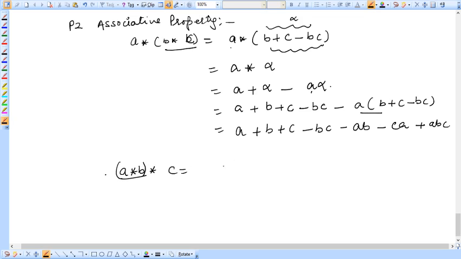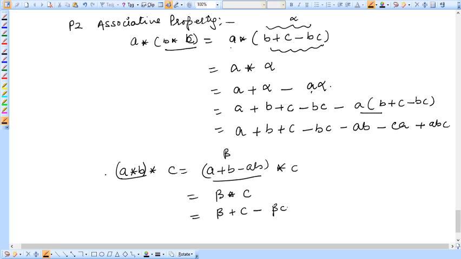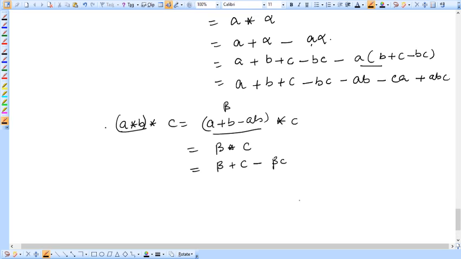So operating this first, we get A plus B minus AB star C, which is equal to, now consider this one element, for example beta, it is equal to beta star C, beta plus C minus beta C, and beta is equal to A plus B minus AB, plus C minus beta into C, would be A plus B minus AB into C, right? So it is equal to A plus B plus C.